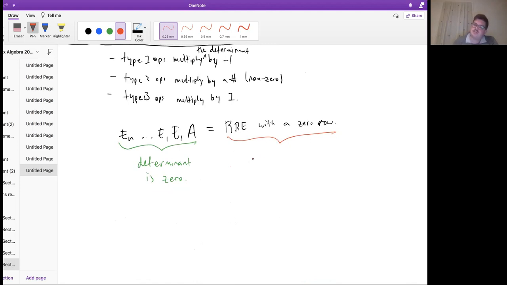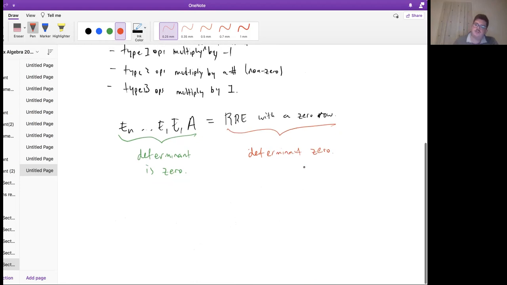So if you have a matrix with a row full of zeros, then its determinant is 0. This is a way we can identify just by looking at a matrix.